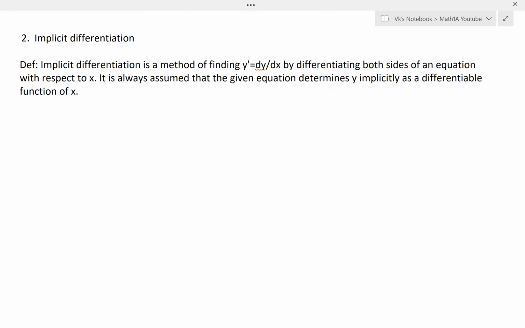Let's do a little review here. We know that the derivative with respect to x of x is 1. Apply the same idea to the derivative with respect to x of y, and we have dy over dx, which is known as y prime.